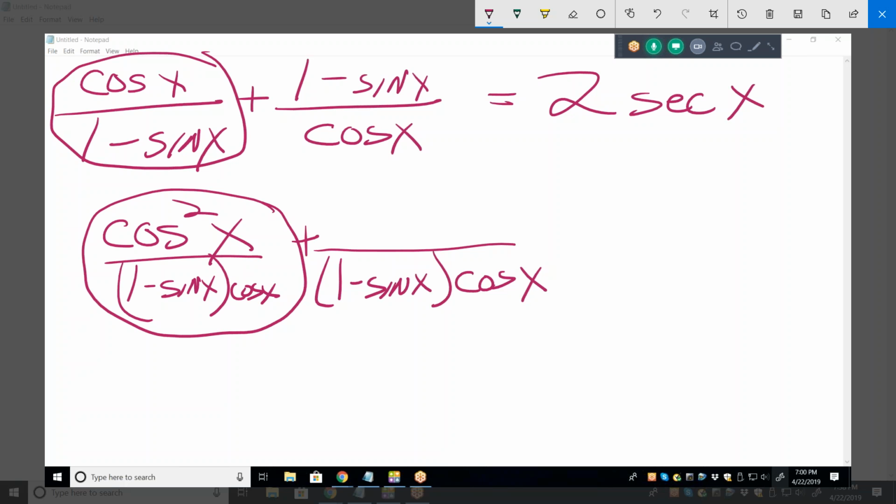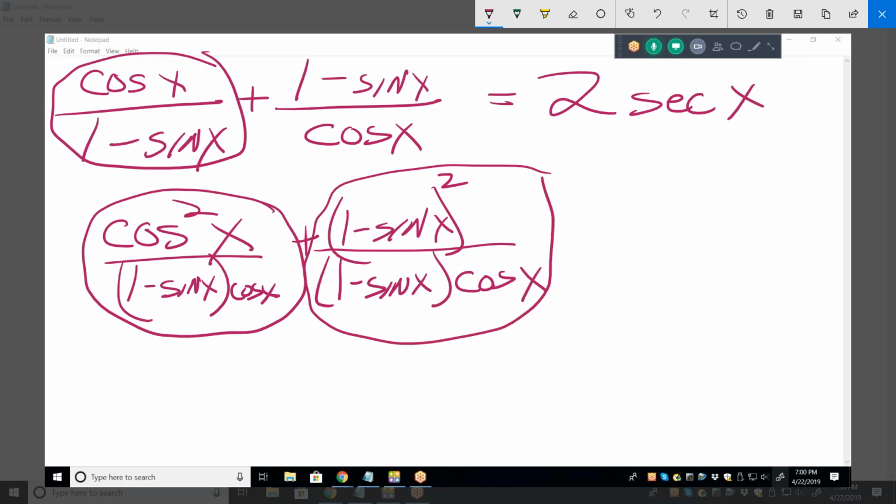Well, it's 1 minus sine x, all of it squared, which is not quite the same thing. In other words, this fraction right here is equal to that fraction.